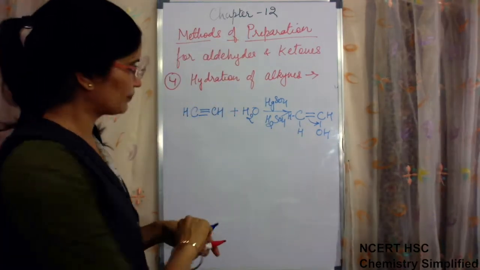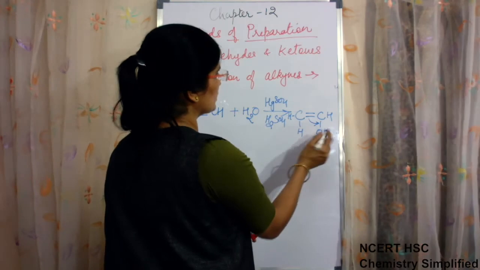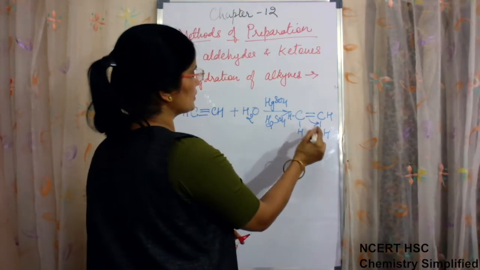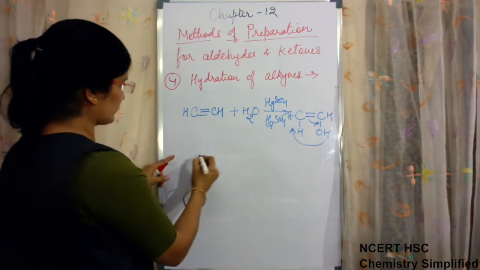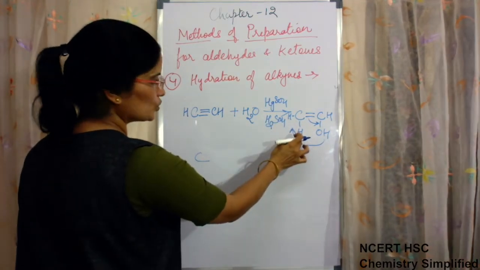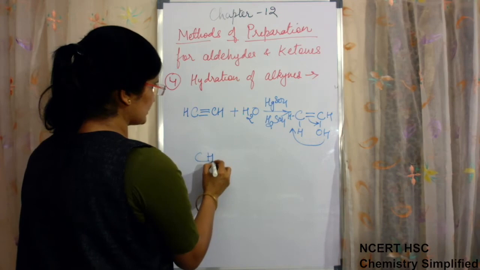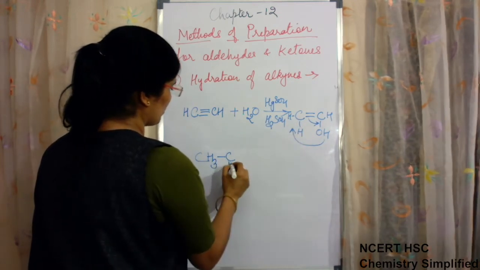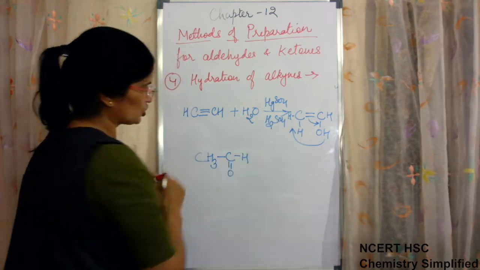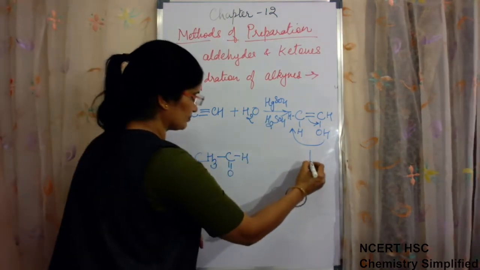Because this bond is shifting here, H will shift here. So we will get CH2 already here, one more H, CH3, single bond C, double bond O, H, aldehyde.